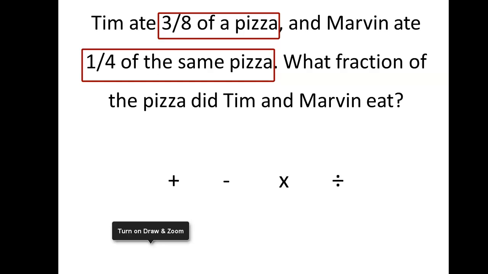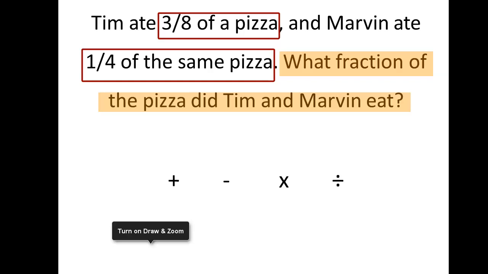And we want to know what fraction of the pizza did Tim and Marvin eat? Okay, so if Tim is eating 3/8 of a pizza and Marvin ate 1/4 of the same pizza, what fraction of the pizza did Tim and Marvin eat?